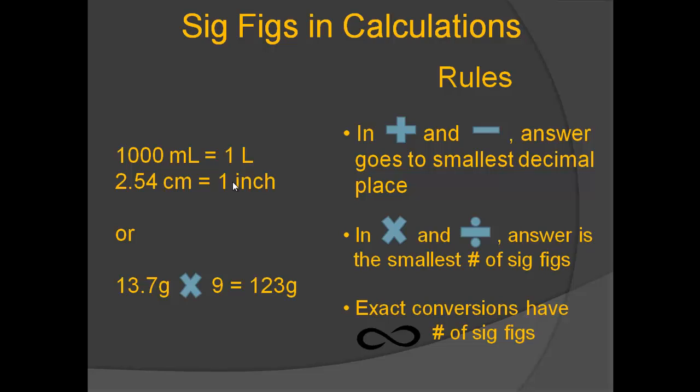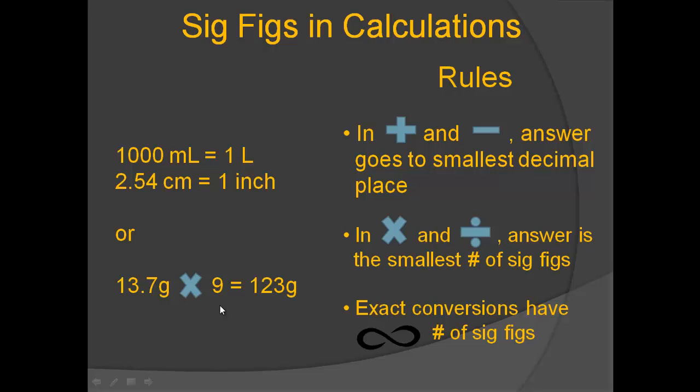And that 9 would be considered an exact conversion. So when I go to report my answer, I only take into account this number right here, which has 3 SigFigs. That's why my answer should be 3 SigFigs. It should not be 1 SigFig because I didn't measure this.